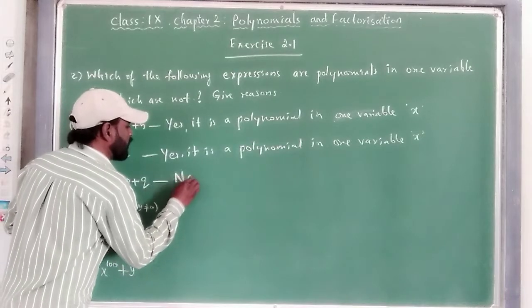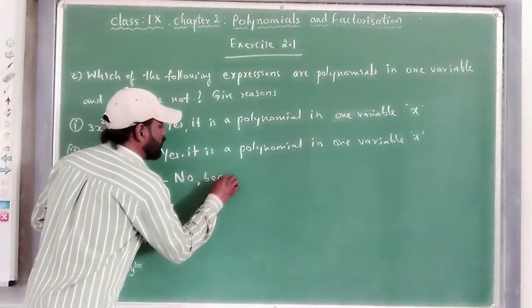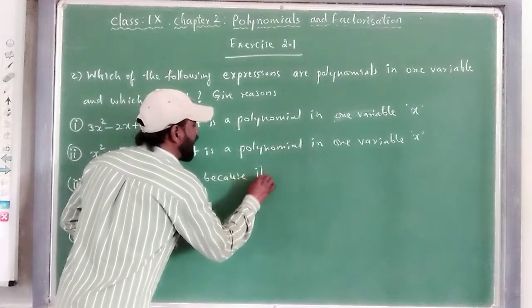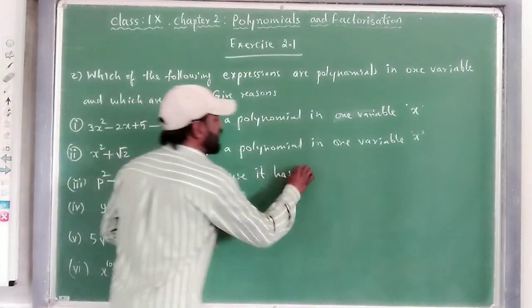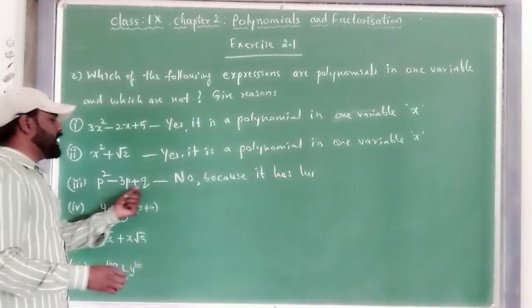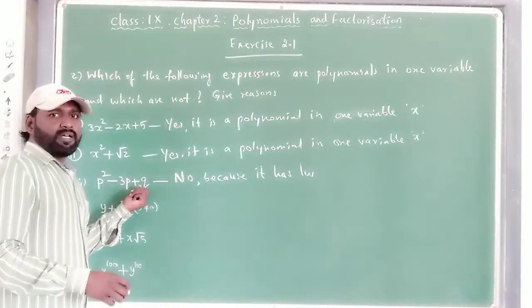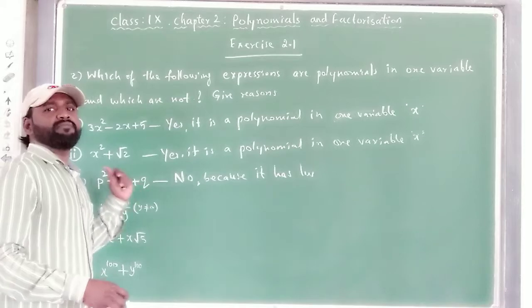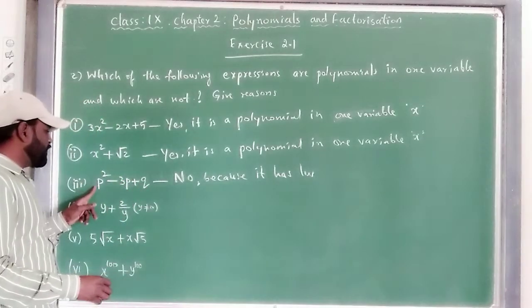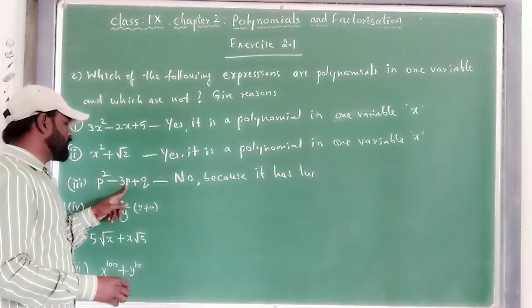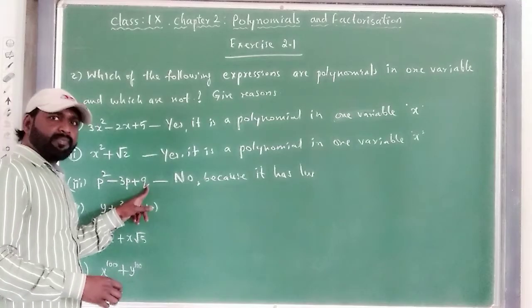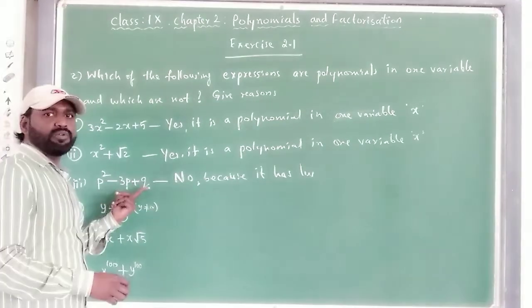No, because it has two variables in it. What are the two variables? P and q. It should be only one variable. In all the terms should contain same variable. But in the first term variable is p, second term variable is p, but third term is q. So there are two different variables.